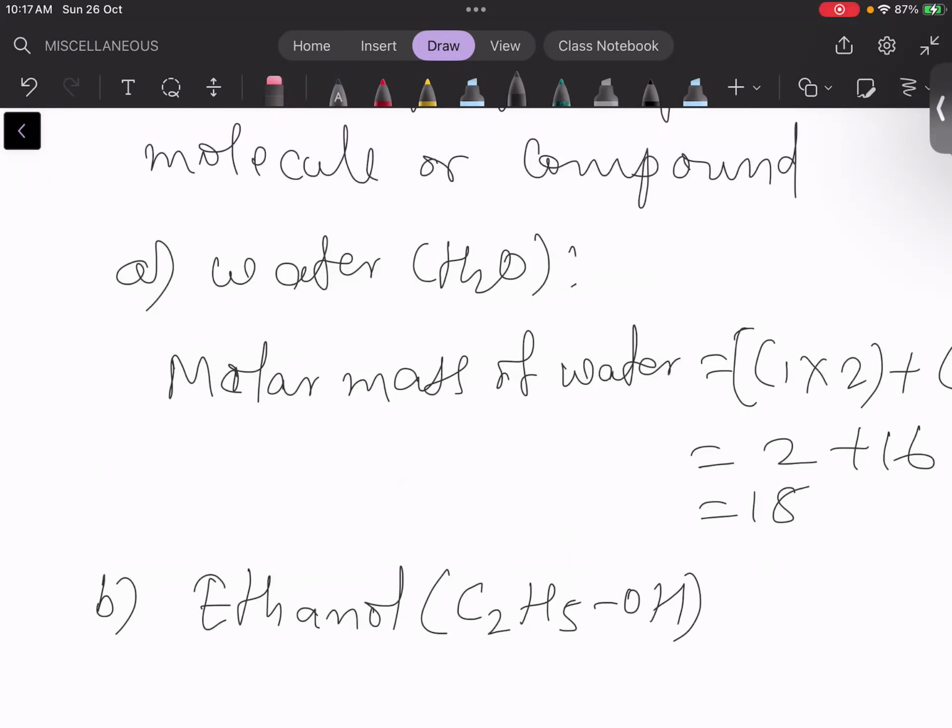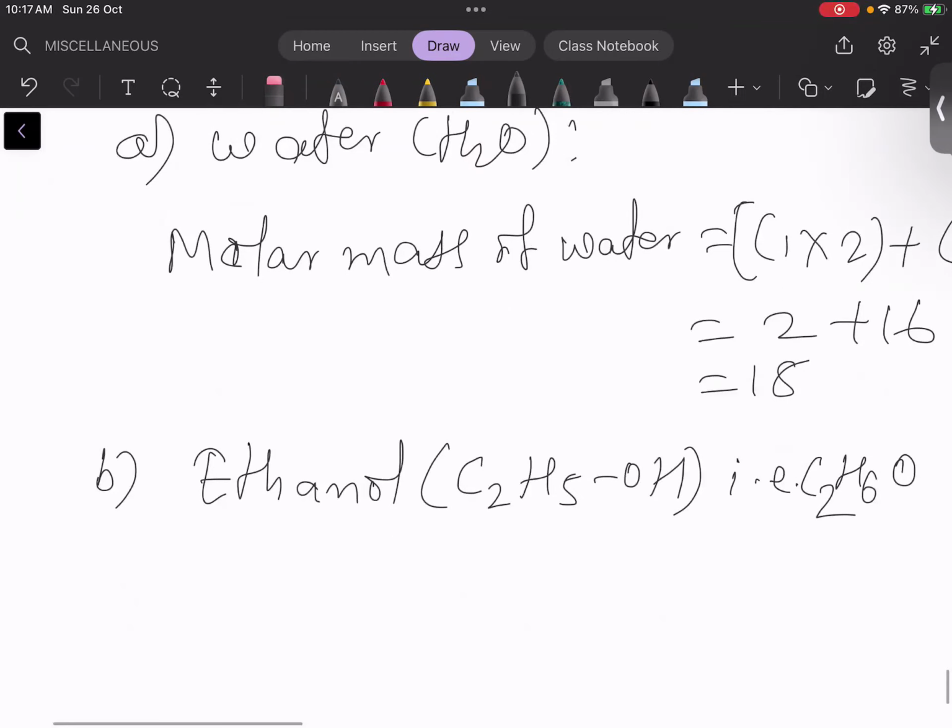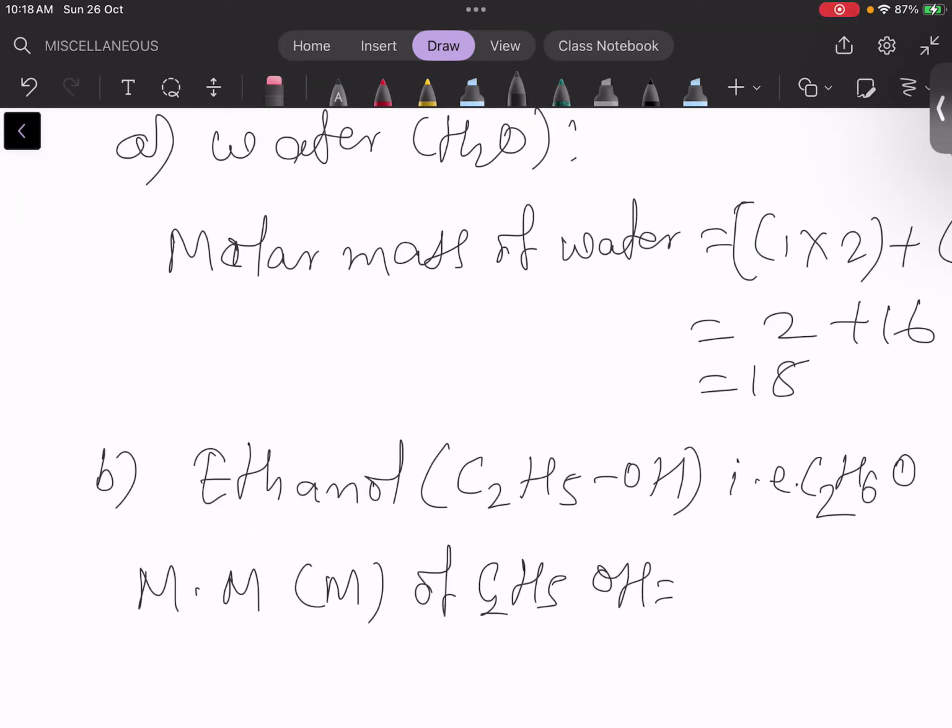That is nothing but C2H6O. So, molar mass in bracket M of C2H5OH, nothing but ethanol, that is equal to what?